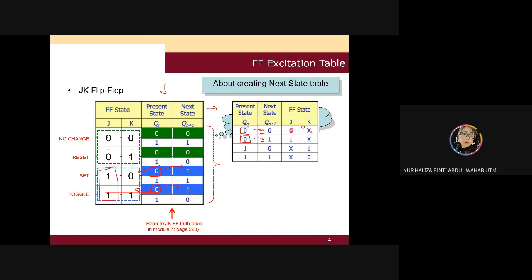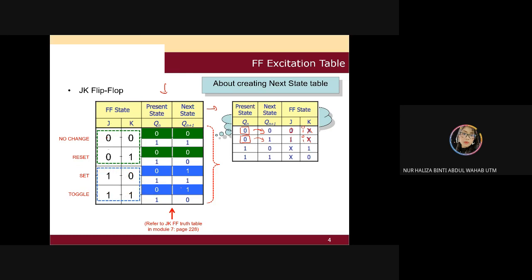And then you check your K. K first is 0 and another one is 1. You're going to have 0 and 1. So these two are going to trigger your present state and next state to be from 0 to 1. So it's going to be X, because it doesn't matter whether it is 0 or 1 for your K, your next output of your state will be 1 with this condition. So you're done with this part.